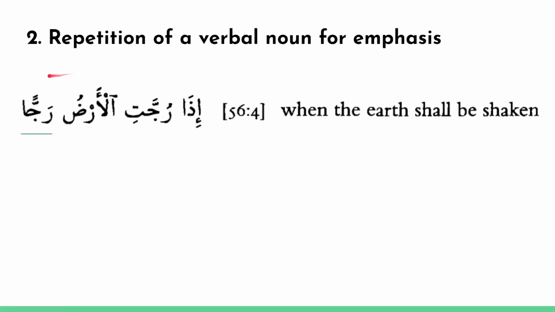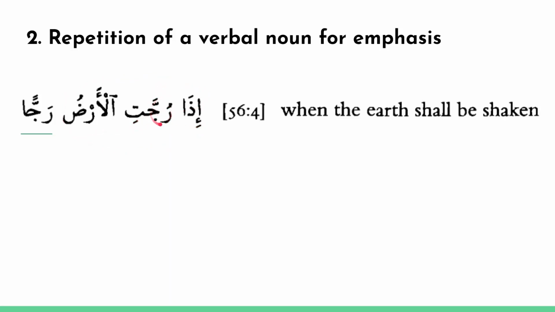What else can cause a noun to be in the mansub case? A very interesting one is when a verb gets repeated as a noun for emphasis. Let's take a look at an example because that's how it's best to understand this. This ayah here, إِذَا رُجَّتِ الْأَرْضُ رَجًّا. If I was to just read the first 3 words here, it would say, when the earth is shaken.